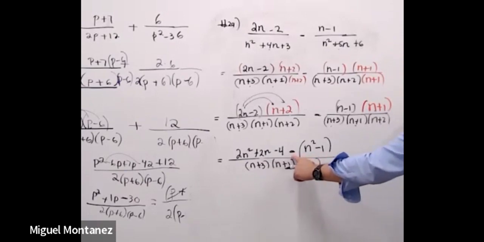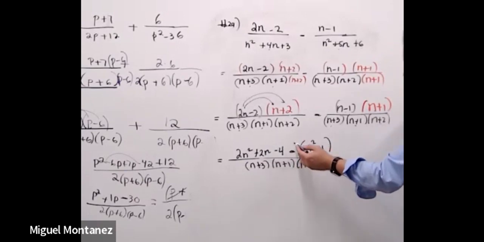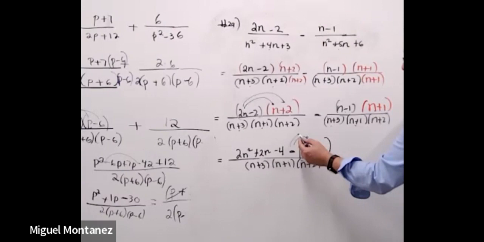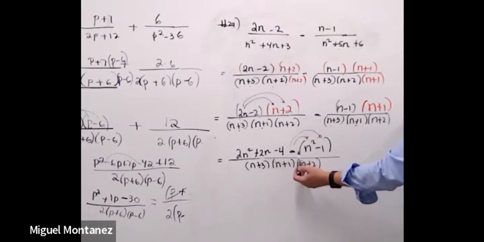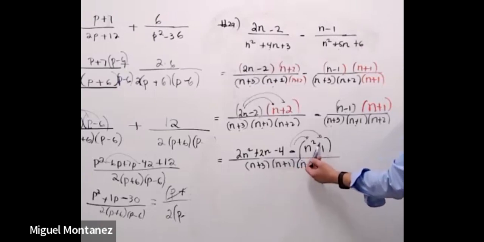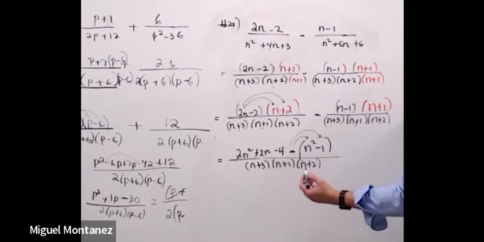Now we need to distribute the negative. This is the key. It will be minus n squared plus 1. This is where most of the problems are: we forget to distribute the negative. That means we need to change the sign of whatever is inside the parenthesis. So it will be minus n squared plus 1.